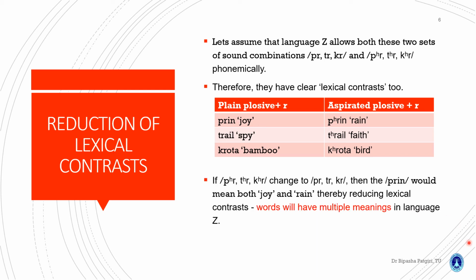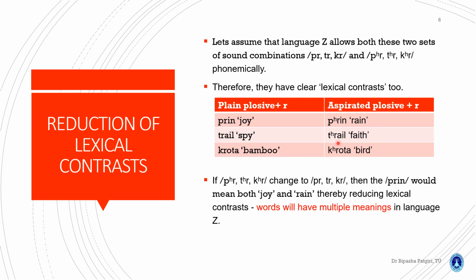If fra, thra, khra change to pra, tra, kra, then prin would mean both joy and rain, right? Thereby reducing the lexical contrasts. Words will have multiple meanings in the language Z. How? Because in case of fra becoming pra, both these words for rain and joy in this language will have the same surface structure prin, because fra has become pra.